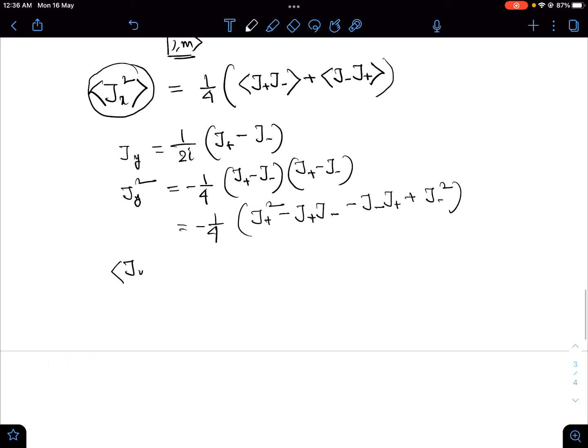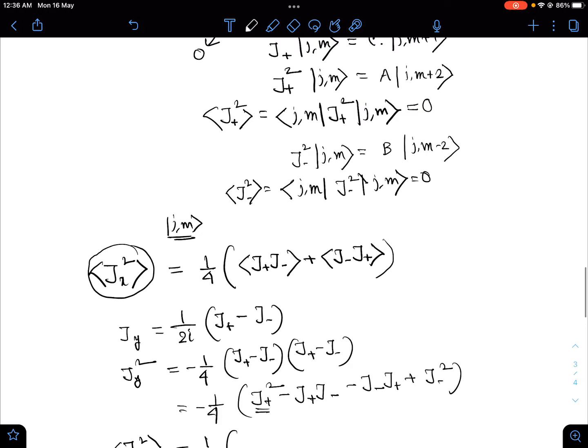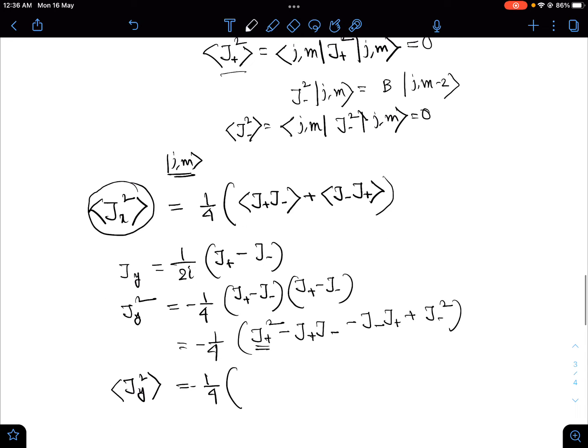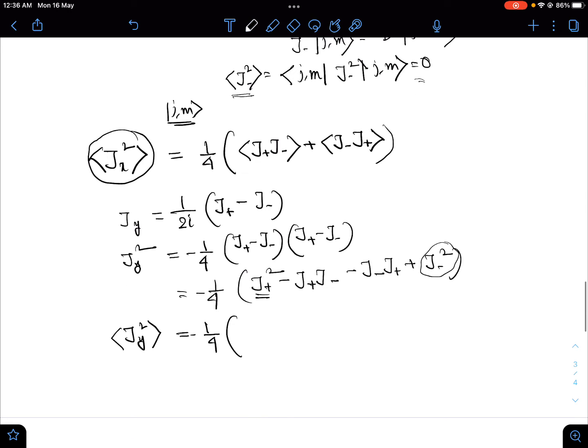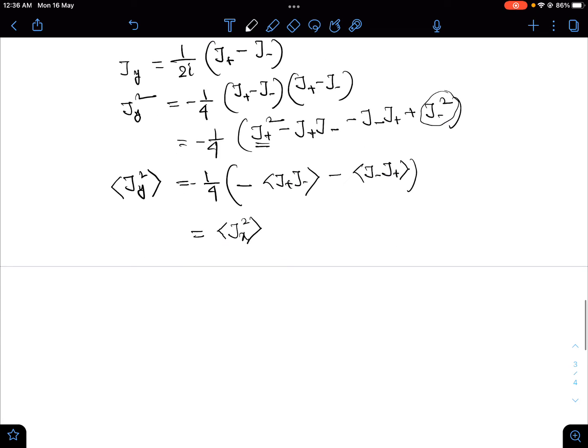So similarly, the expectation value of Jy squared will be minus 1/4. The first term's expectation value we have already calculated to be 0, and the last term's expectation value we have also calculated to be 0. So it will be minus 1/4 (minus J plus J minus minus J minus J plus). So we can see that this is exactly equal to Jx squared. So the expectation values of Jx squared and Jy squared are the same.